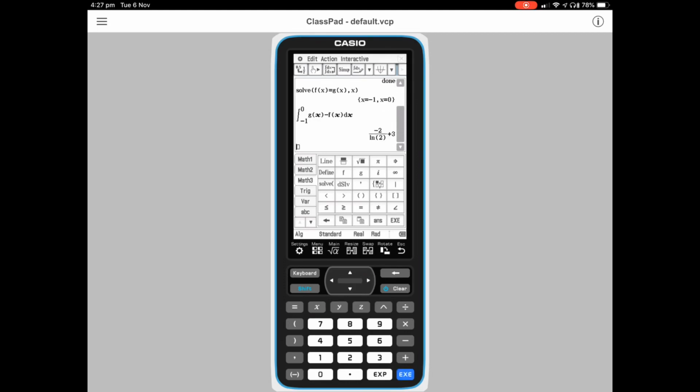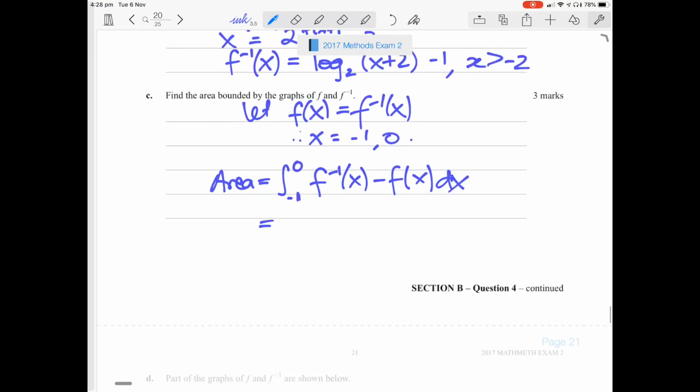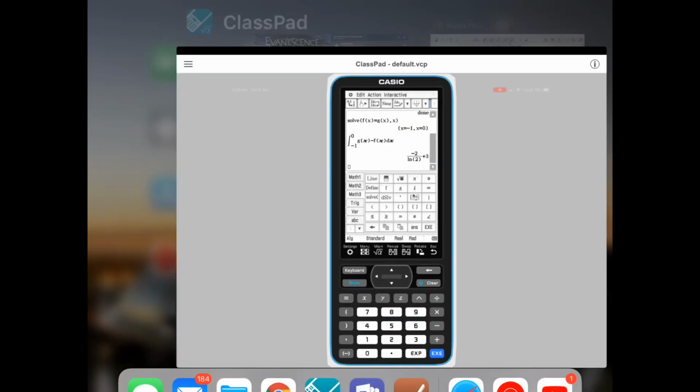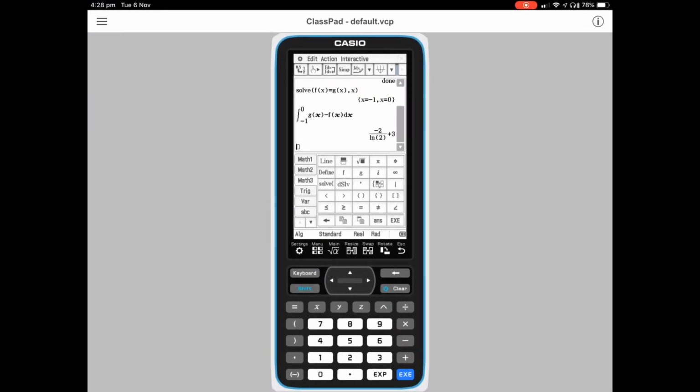So it's negative 2 on log e 2 plus 3, log e 2 plus 3. That's our area. Now let's just make it positive, make sure it's positive to make sure that we didn't stuff it up. Plus 3. Give me a decimal.